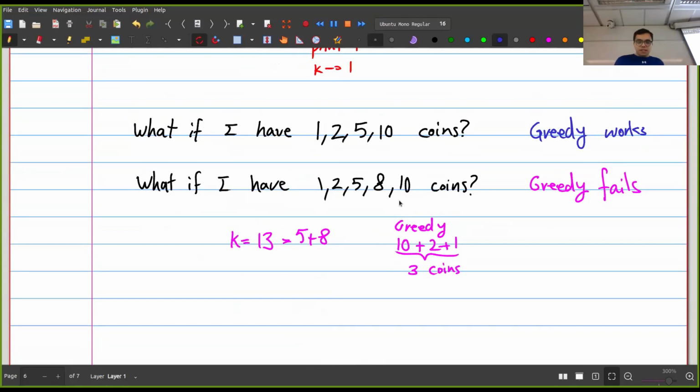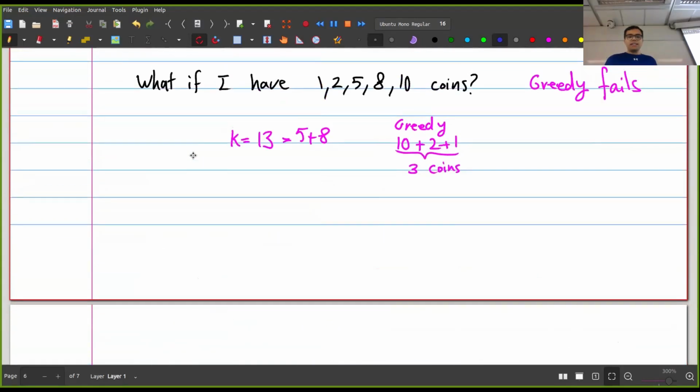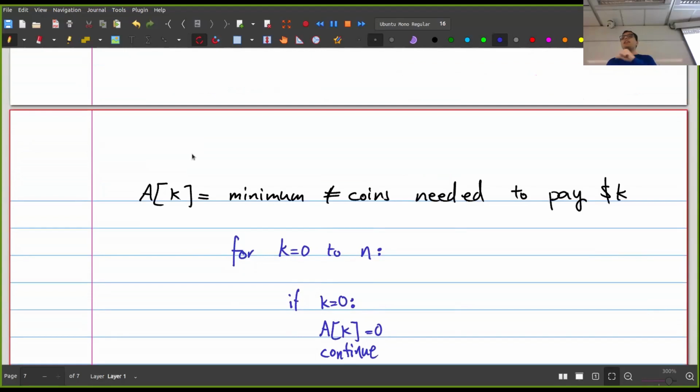If I pay out a 1, then I have to pay K minus 1. But in A[K minus 1], I already know how many coins I need to pay K minus $1. So my answer would just become 1 plus A[K minus 1], if I'm using a $1 coin as my first coin.